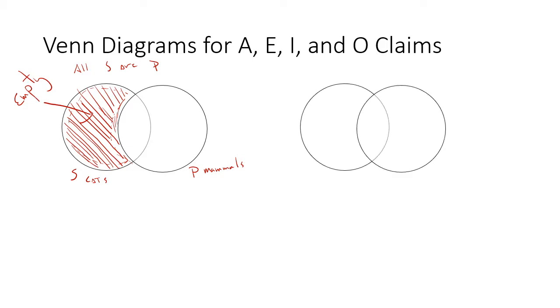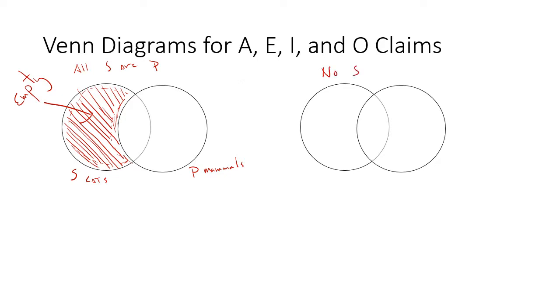And the other universal, the E claim, the one that says no S are P, is also going to be represented with some shading.